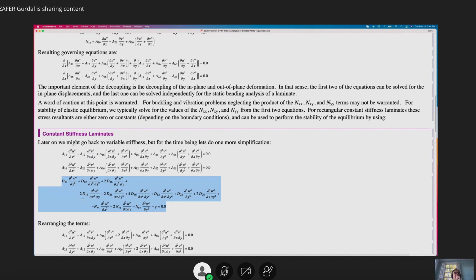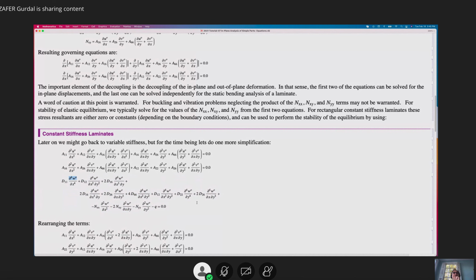So the D matrix comes into the picture, which has the W, which is the out-of-plane displacement, as a third expression in there.